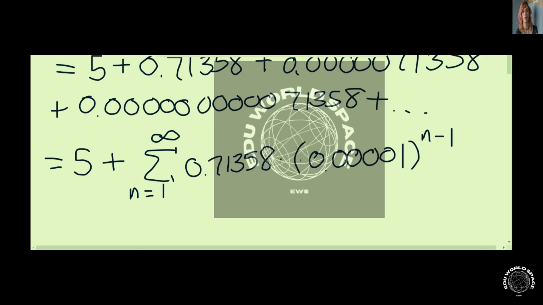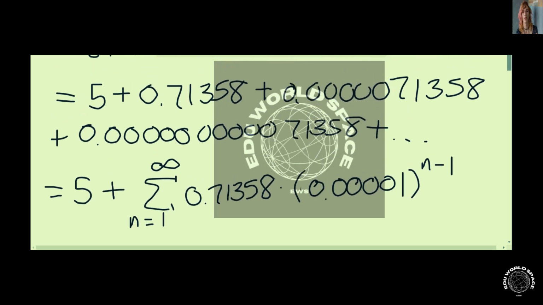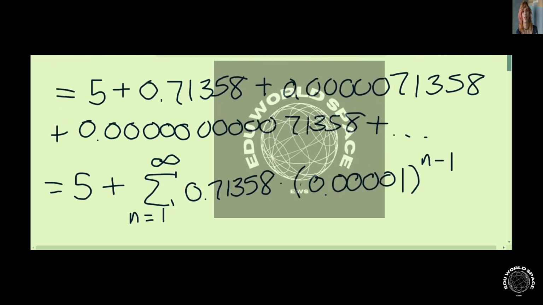So for example, if n equals 1, this is 0.71358. If n equals 2, this is going to be 0.71358, but moved to the right by 5 decimals.